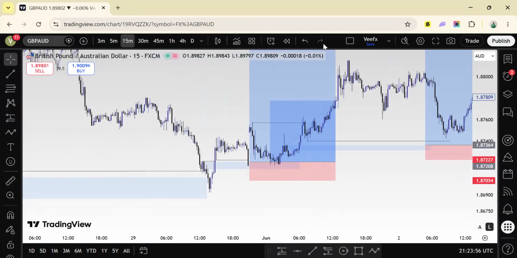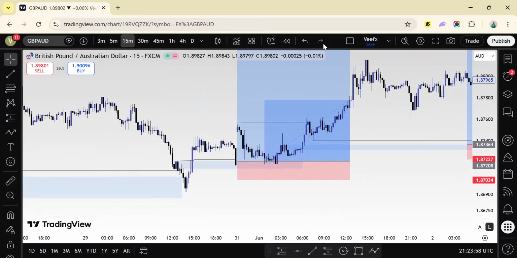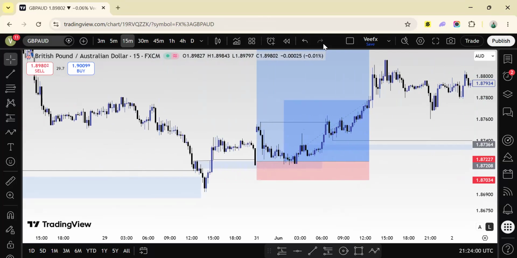So what I'm trying to make you guys learn in this class is liquidity, right? And I'm going to explain the first type of liquidity, which is the inducement liquidity. Your inducement liquidity, like I said, is the pullback that occurs after your market structure shift or after your multiple breaks of structure, whichever one the market presents to you.